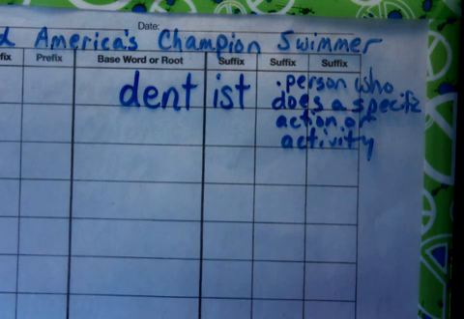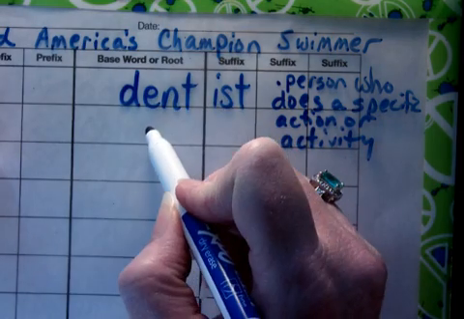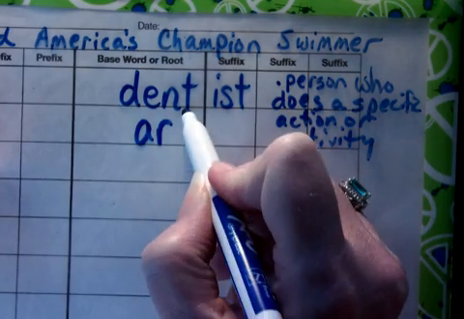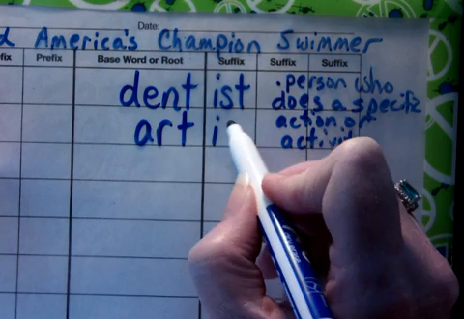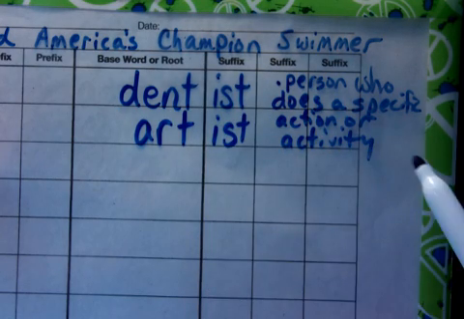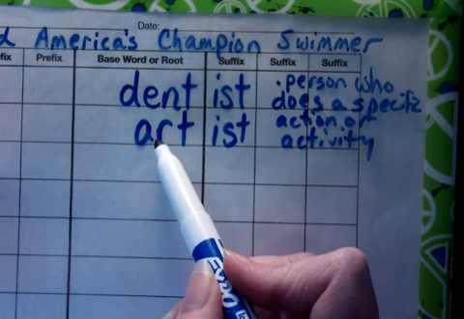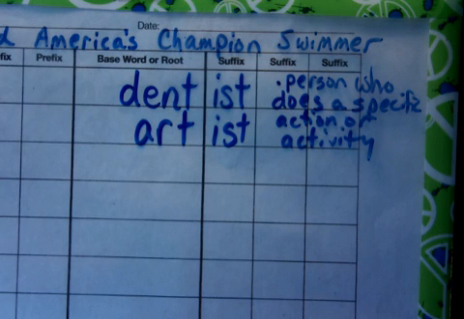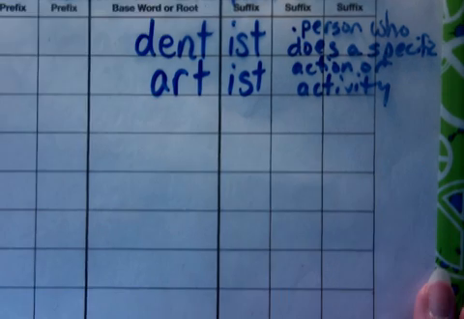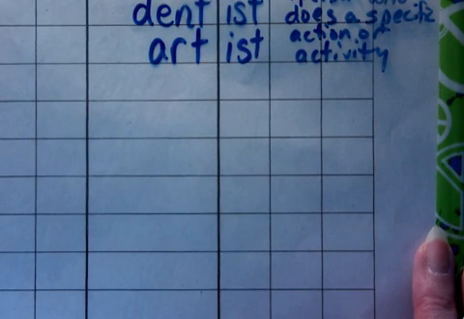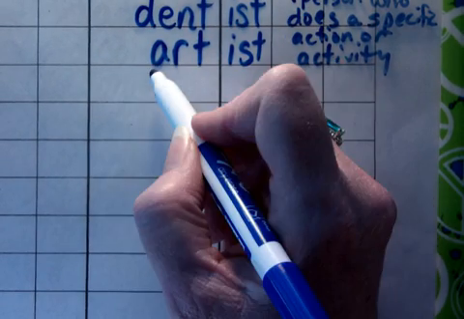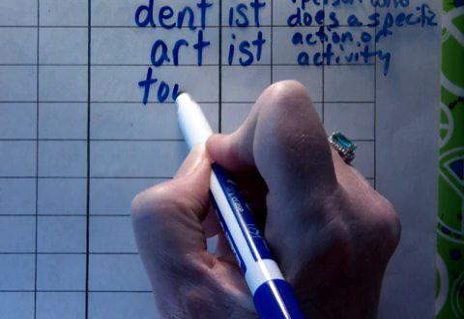The next base word is art. Art. Ist. A person who deals with a specific activity of art. That one's a little easier to understand. Art. Artist. A person who does art. The next base word is tour. T-ur.